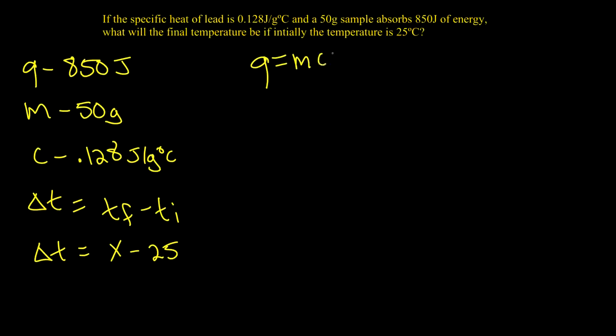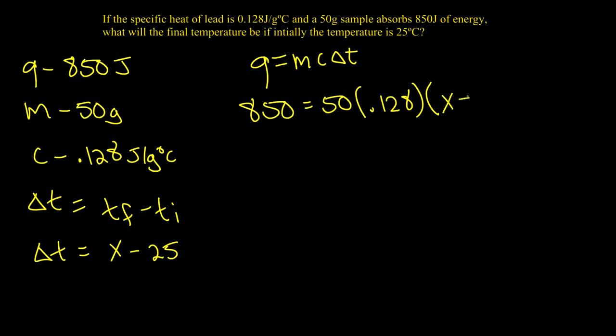So I got Q equals MC delta T, or MCAT. So Q is 850. M is 50. C is 0.128. And change in temperature we said was X minus 25 because it's final minus initial. I'm looking for the final. I have the initial of 25. So this is X minus 25.